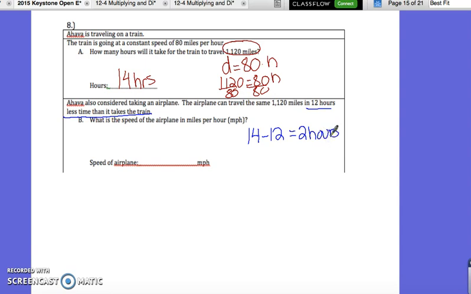What is the speed of the airplane in miles per hour? Again, we know that distance is rate times time. So we do 1,120 equals the speed times 2. So you divide by 2 and you get 560 equals the speed. So it's 560 miles per hour.